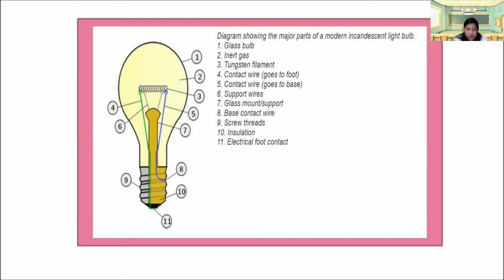The bulbs require no external regulating equipment, have a very low manufacturing cost, and work well on either alternating current or direct current. They are also compatible with control devices such as dimmers, timers, and photo sensors, and can be used both indoors and outdoors.